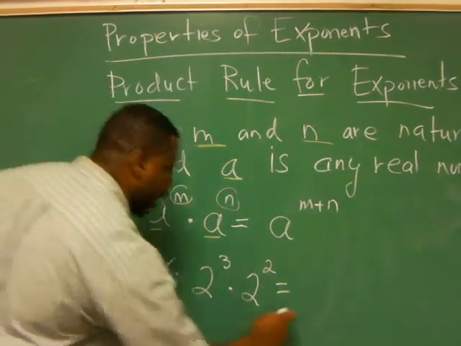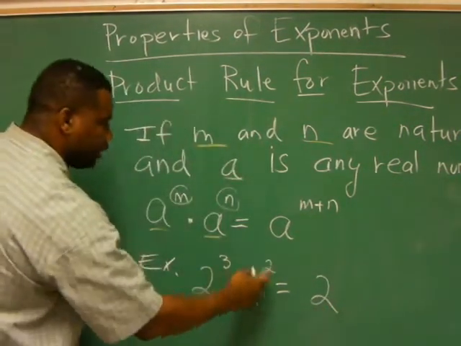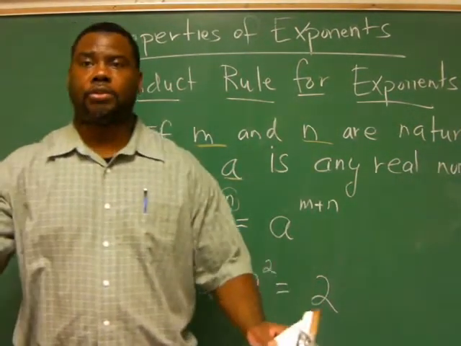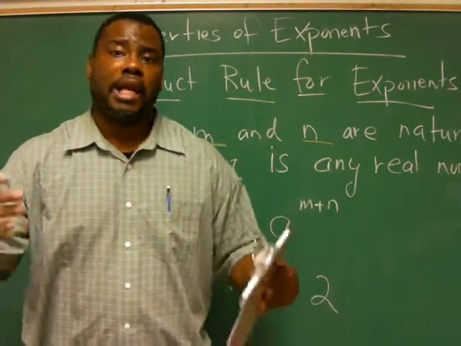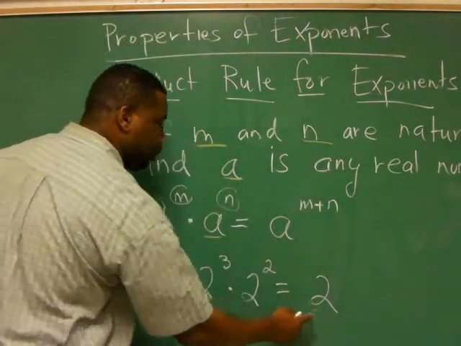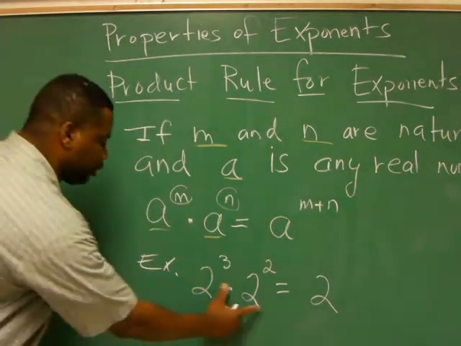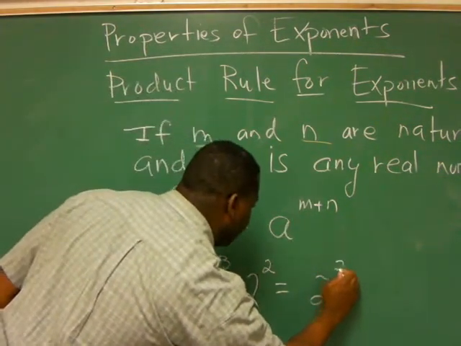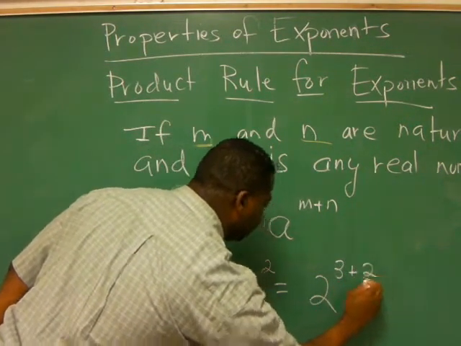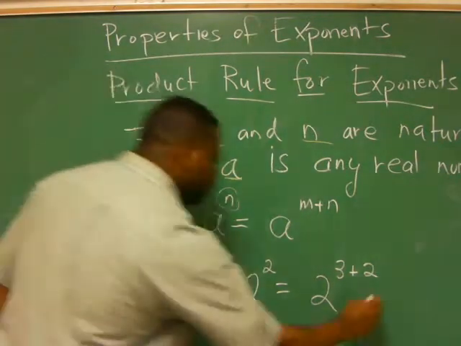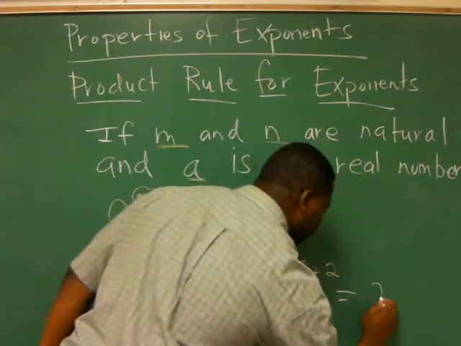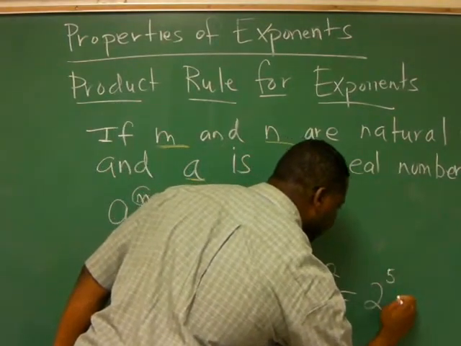So in this case, you're going to have 2. You write it one time because you're going to express this base as two separate number exponents. So using 2 as a representative of the two bases, you take the sum, which is 3 plus 2, equals 2 raised to the power of 5.